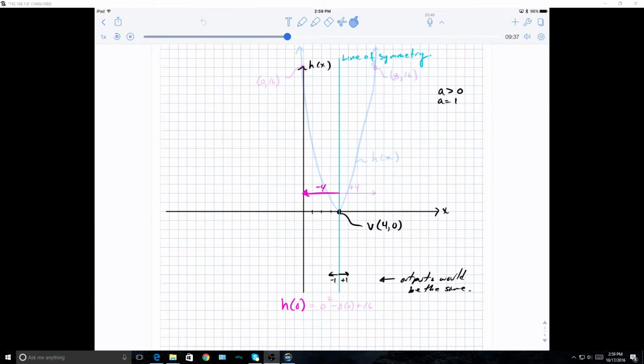What we'll do is we actually can do it right here. It's just going to be 0 squared minus 8 times 0 plus, I think it was 16, if I'm not mistaken. Yep. So that means that at that input 0, we're up 16 units. I'm not sure I'm going to be able to draw this according to scale.